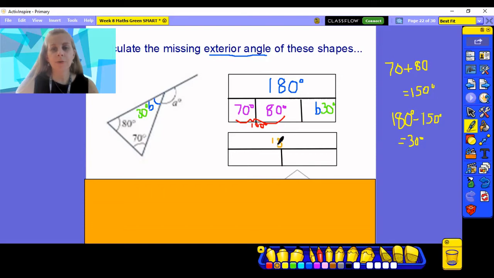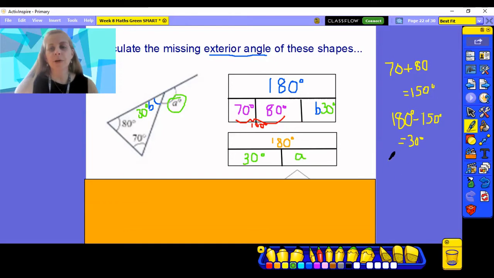We already know what B is, because we've just calculated that in our first step of our problem, and that was 30 degrees. And our next job is to work out the missing information to find A, this angle here.